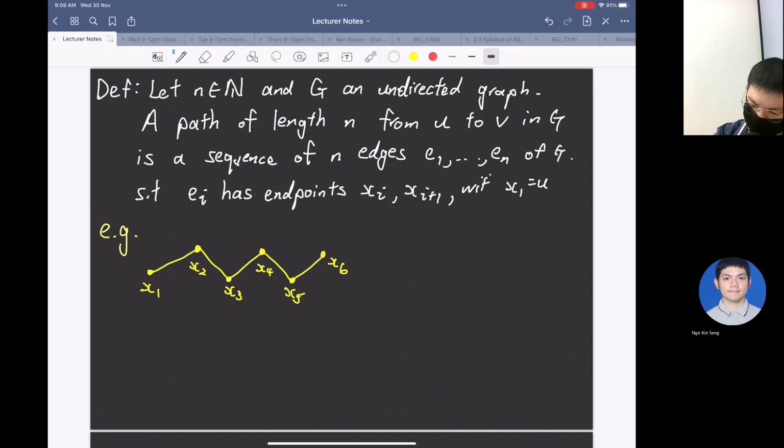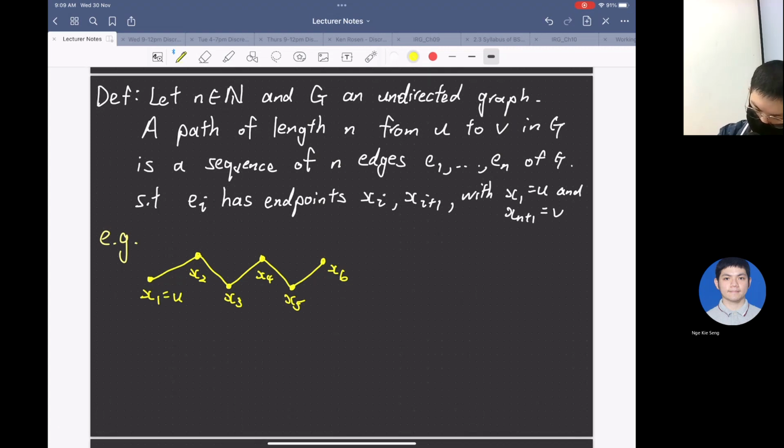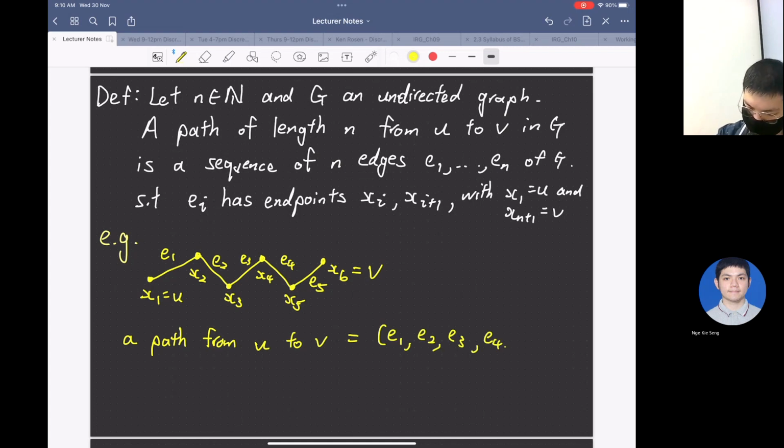Your starting point is u, and the ending point is v. So a path from u to v is e1, and so on.